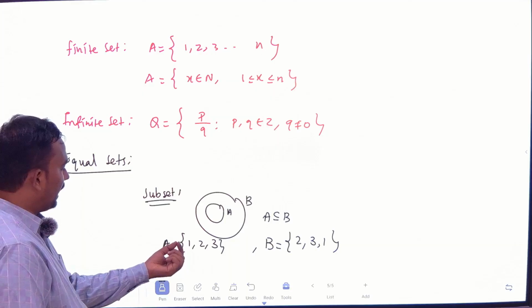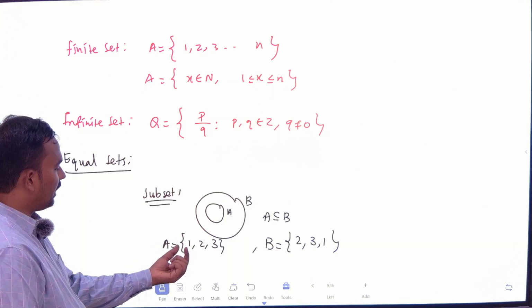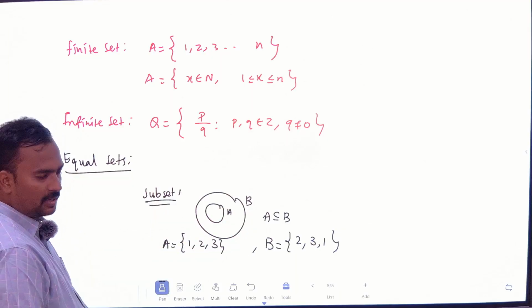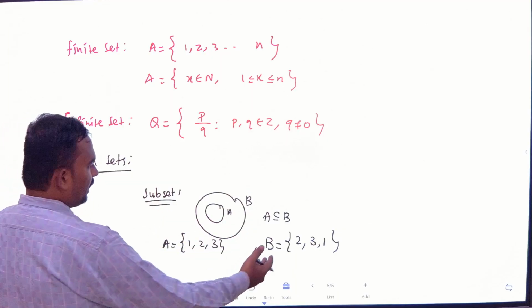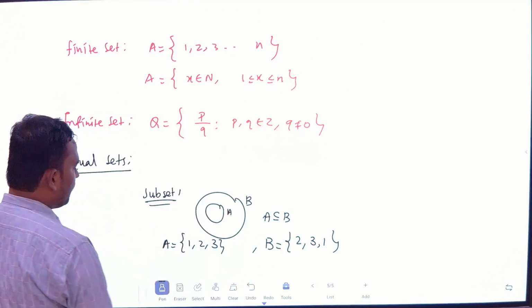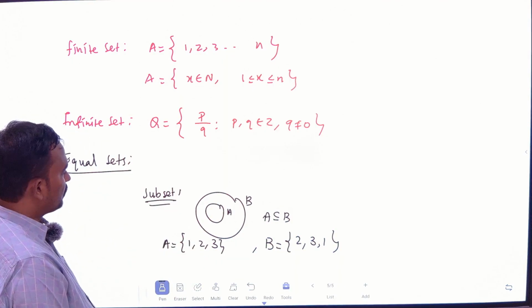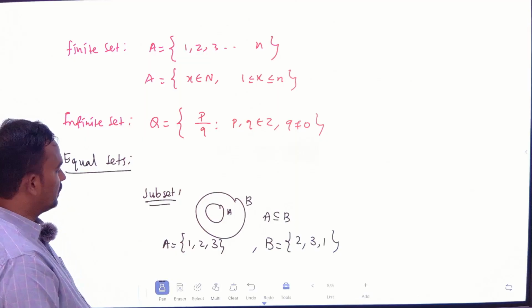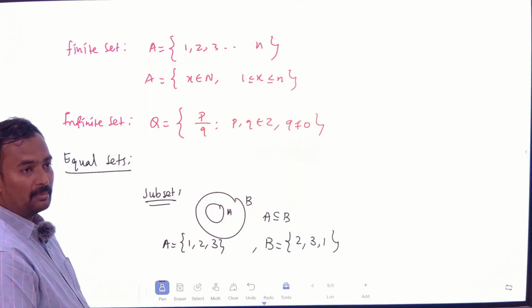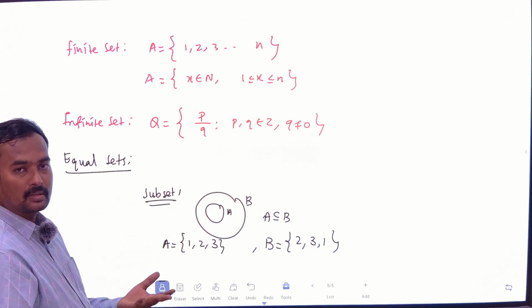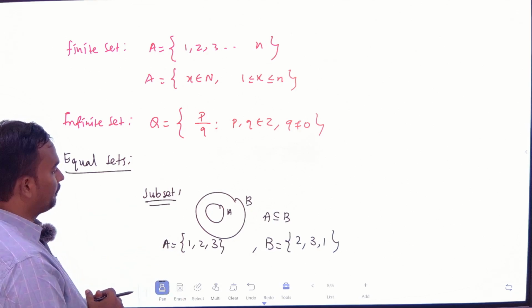Because if you pick any element in A, 1, 2, 3, it will be there in B, right? The same way, if I take any element in B, it will be there in A. Here only the order is changing, right? So equal set means what? The elements should be equal, and the number of elements also the same. That means cardinality also same.